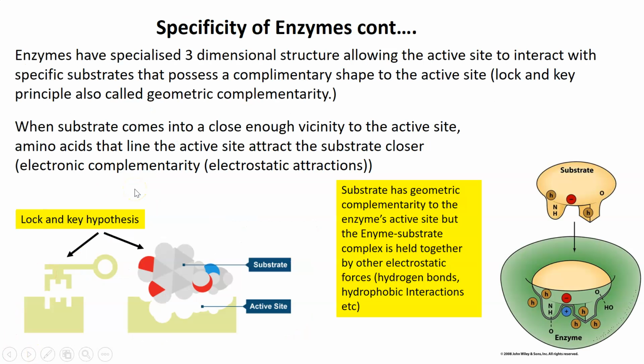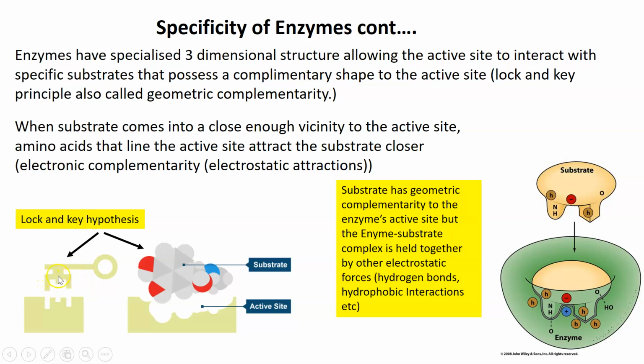Now, in terms of the hypothesis of how the substrate binds to the active site, we say that's analogous to a lock and key process. In other words, to open up a specific lock, you would need a specific key.